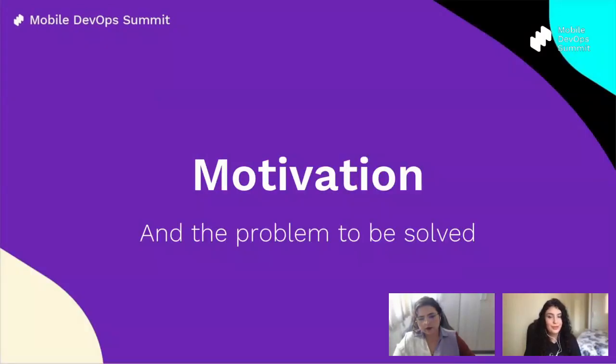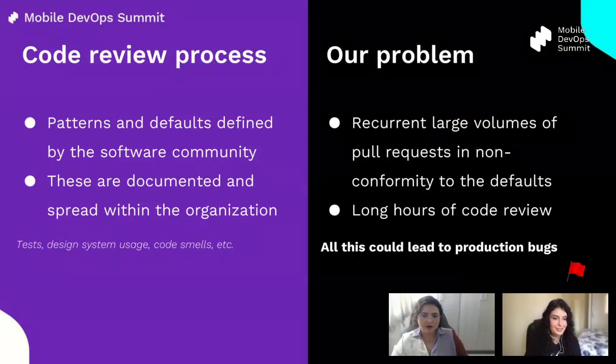Great. So, given the context, we now want to present our motivation and the problems to be solved. But first, we need to start by talking about our code review processes, which are focused on code quality, as we already said.